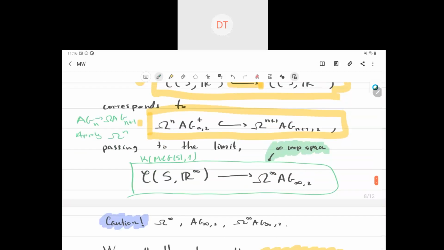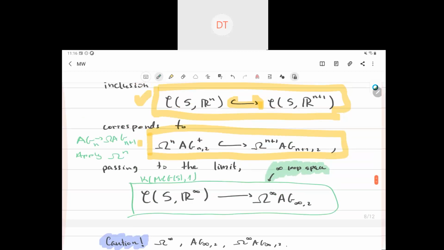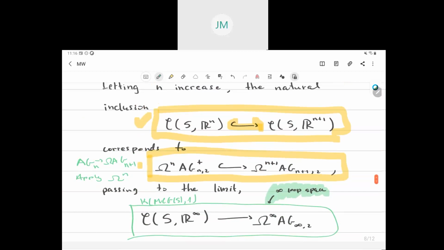Oh yeah, maybe one thing to say is that this loops infinity AG infinity 2 thing, you should parse that like the whole thing is a space, but it's not like loops infinity of some space called AG infinity 2. So these AGNs get more and more connected as n goes to infinity.